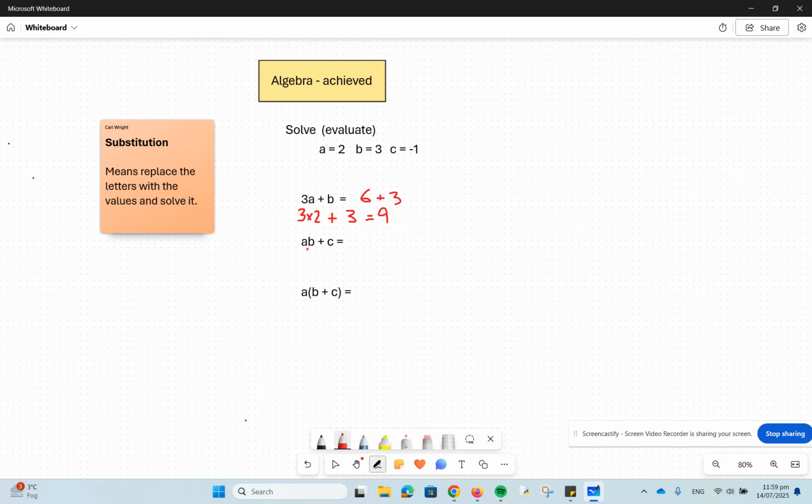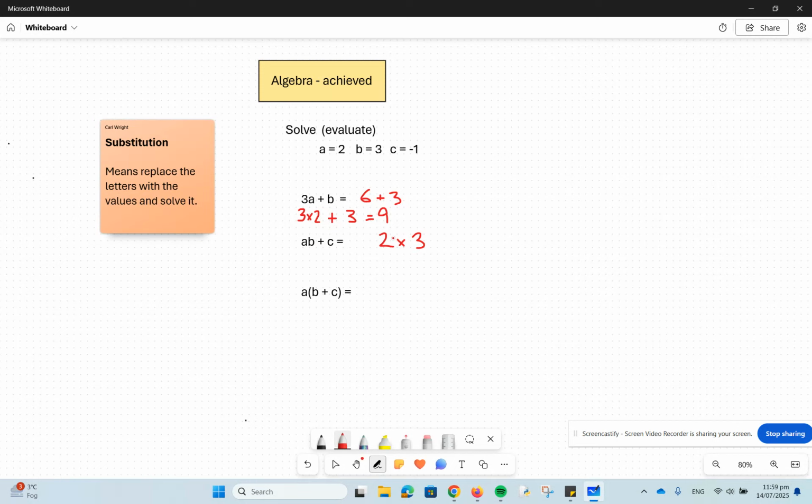So let's do this one, AB plus C. Now remember, when letters are right next to each other, that means it's A times B. So let's write it over here so you can see it. A gets substituted with 2, so I'm going to write 2. B gets substituted with 3, so I'm going to put the times in there because it's missing.